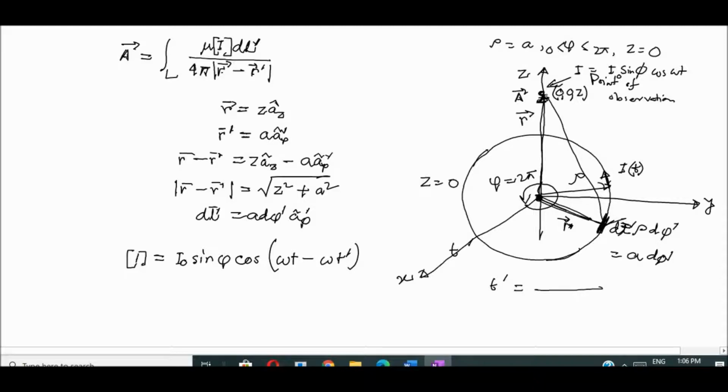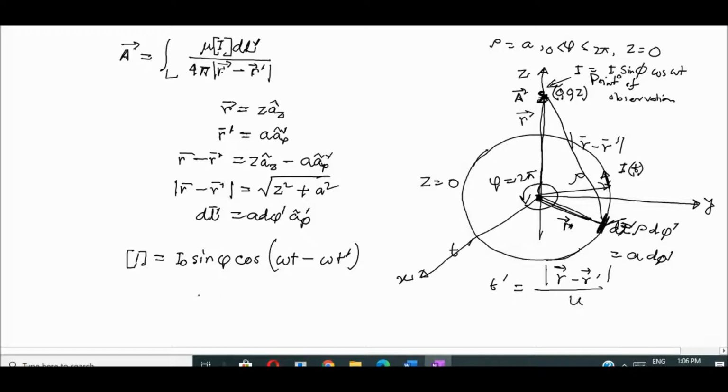So this distance will be the magnitude of r minus r prime, over the speed of propagation of the signal from here to that point. So we can write t prime as the magnitude of r minus r prime over the speed.